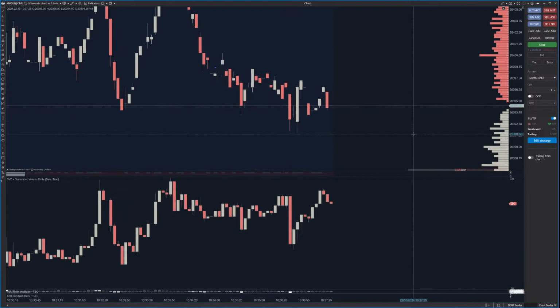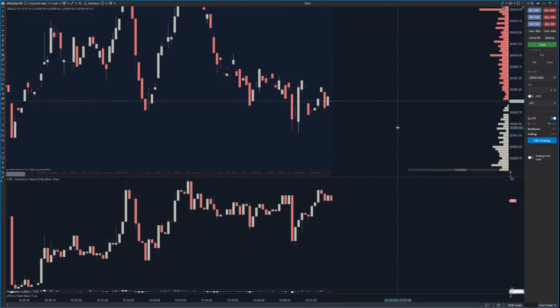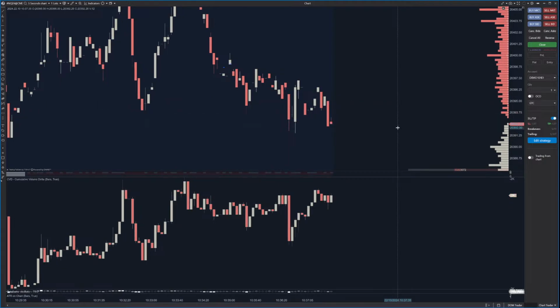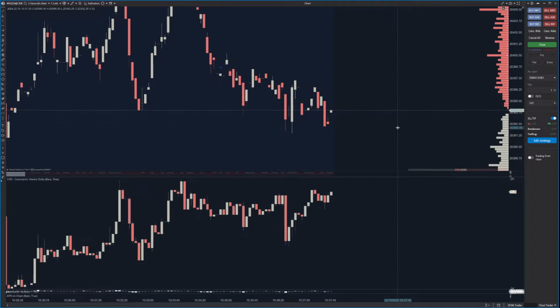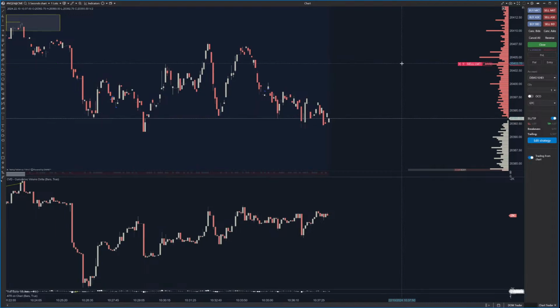And the reason why that's important to understand is most of the time you'll see market makers and large funds and institutions, when they enter into a position, they're not aggressive buyers and sellers. They are placing their limit orders at a certain price. This is the price I want to get in at. Order placed.